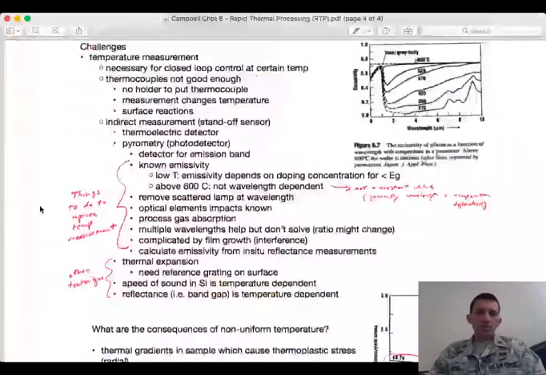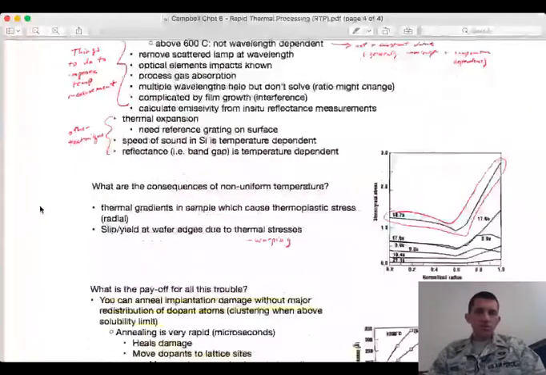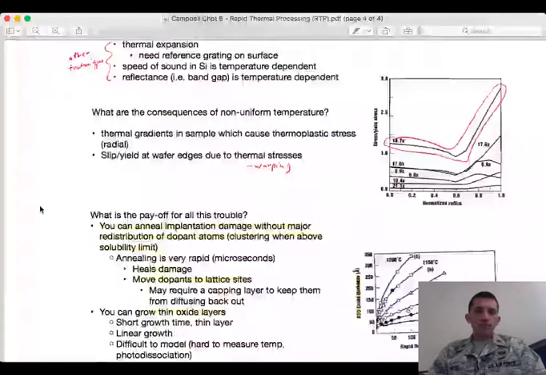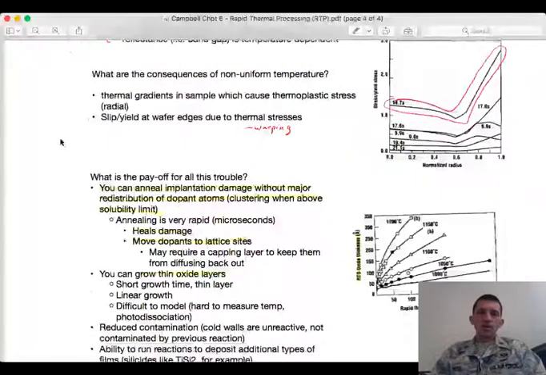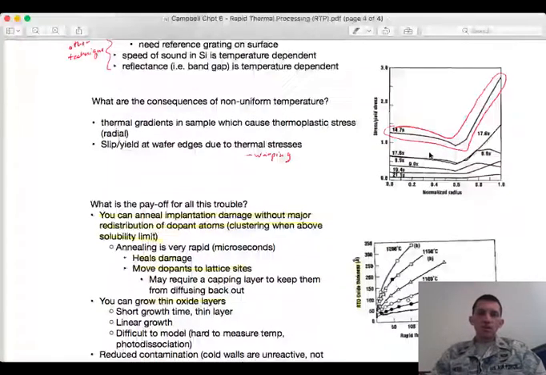And however you choose to do it, it's important that you measure the temperature and do what you can to increase the uniformity of the temperature, because if you don't do this well and you have a large thermal gradient across the surface of your sample, that can cause high degrees of thermoplastic stress in the radial direction, from the center out to the edges.